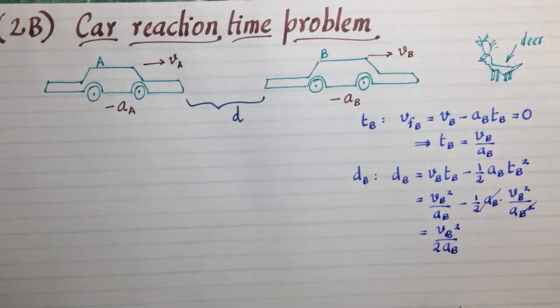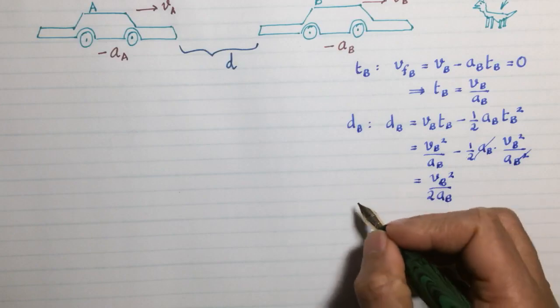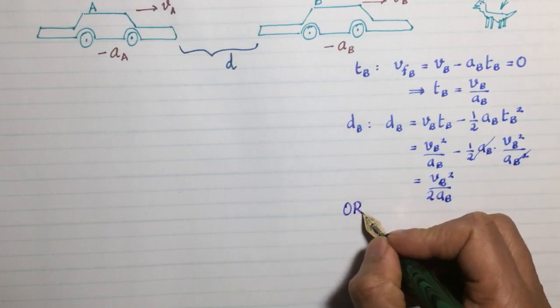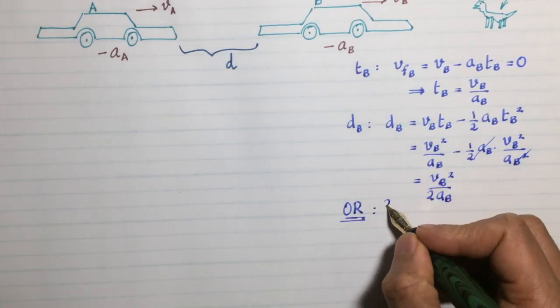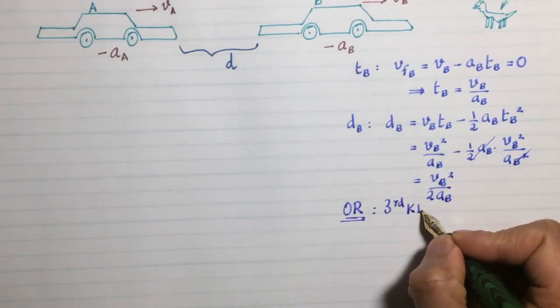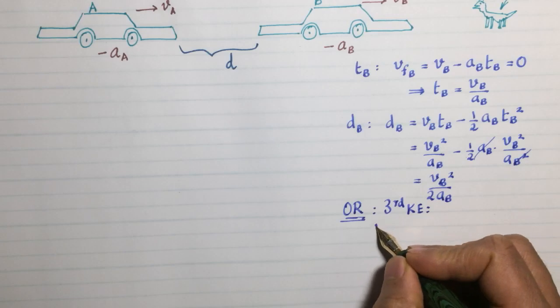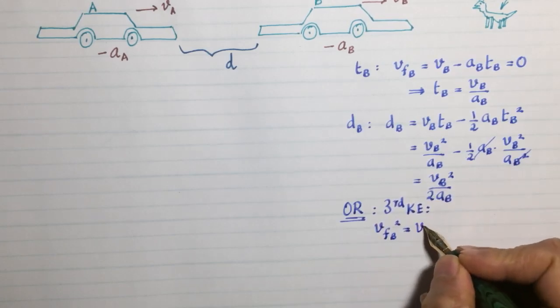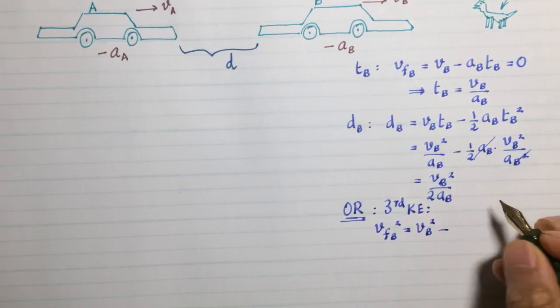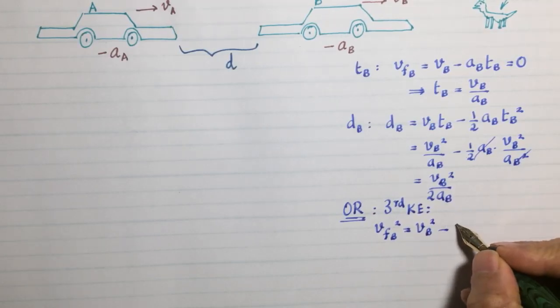Now by the way, if all I wanted was distance and not the time, I could have gotten this more directly using the third kinematical equation. The third kinematical equation says that the final velocity of B squared is equal to the initial velocity squared plus 2a times the distance.